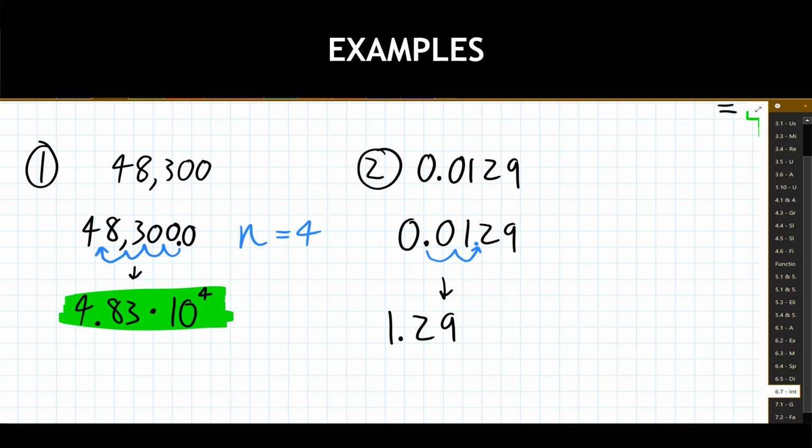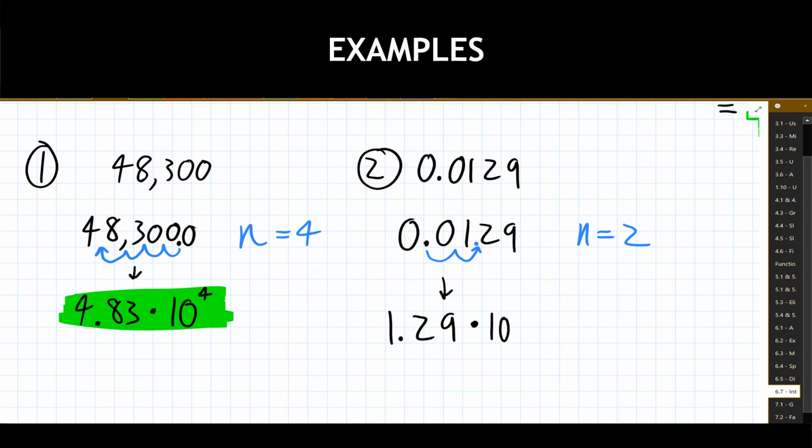Now we have to determine how many decimal places we move over. If we're looking at this, we move over 1 place, 2 places. Okay, so we have an n value of 2. And now we need to ask ourselves, is this going to be 1.29 times 10 to the second power or 10 to the negative second power?